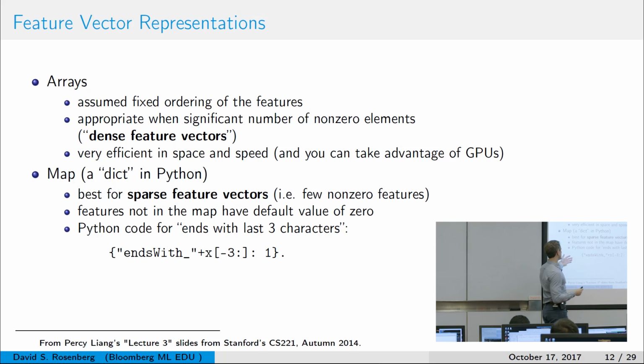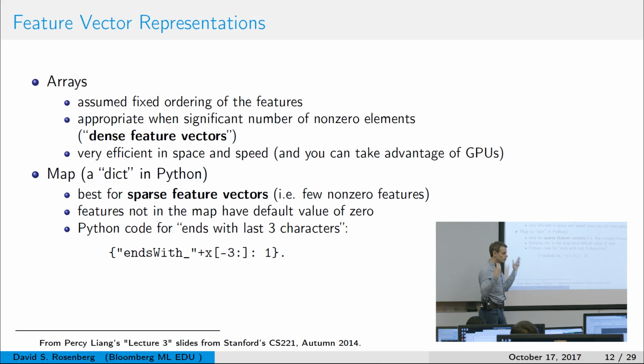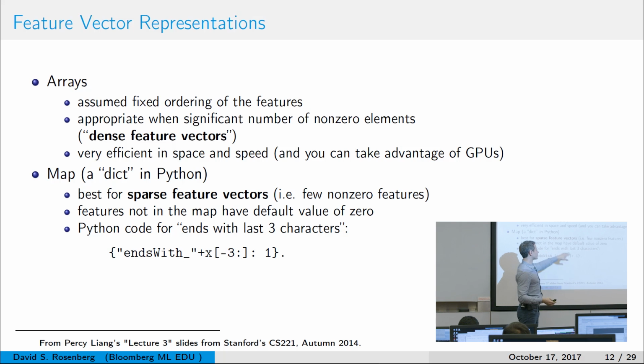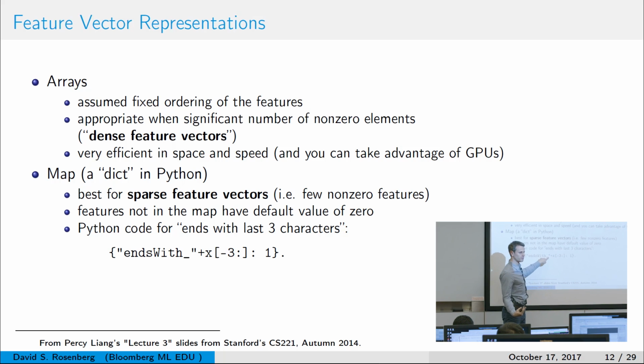Anyway, here's an example, some actual Python code for creating what is a feature template in some sense. This is for the ends-with-last-3-characters feature. It creates the key value pair that you would need. It makes a little string, ends_with, that's part of the key to specify what type of feature it is.